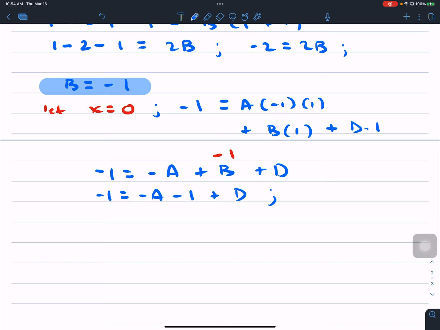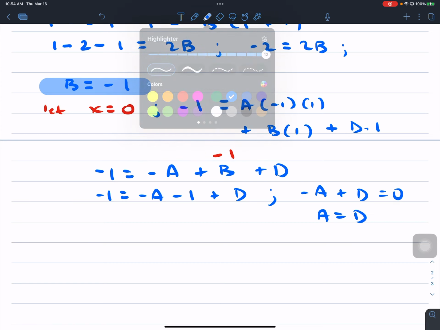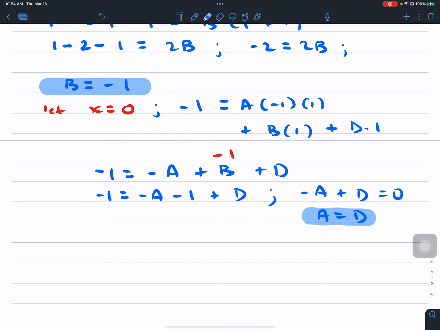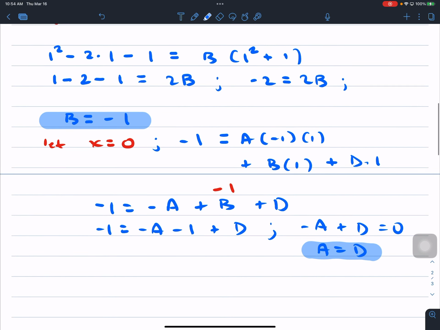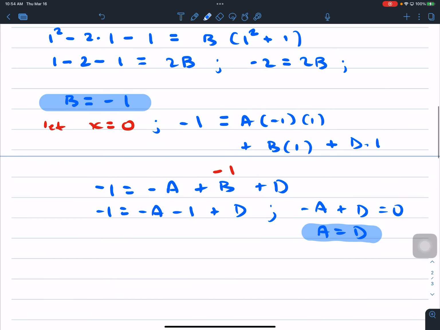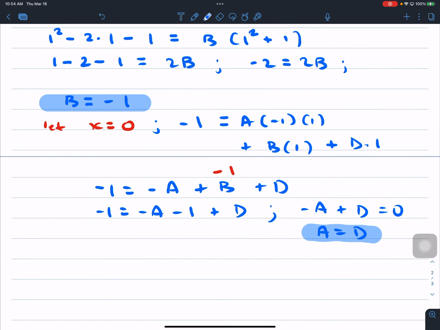What does that mean now? It means negative a plus d equals 0, or a equals d. Okay, that's good information because if I ever find the value for a or d, I know it's the same. So don't look at this and say, oh, this didn't get me anywhere. No, it's more information.